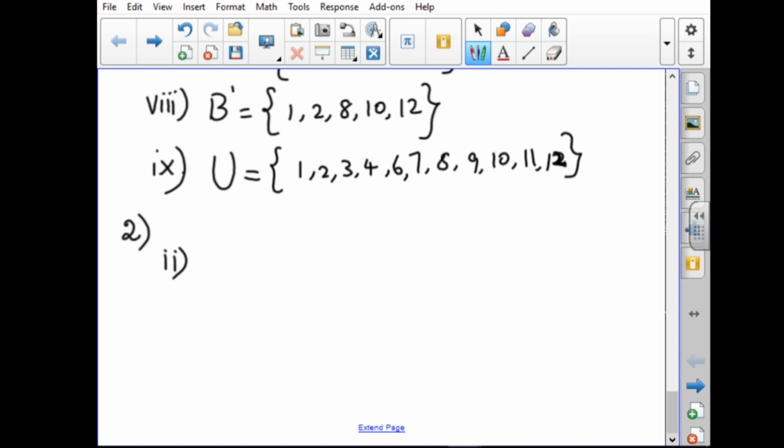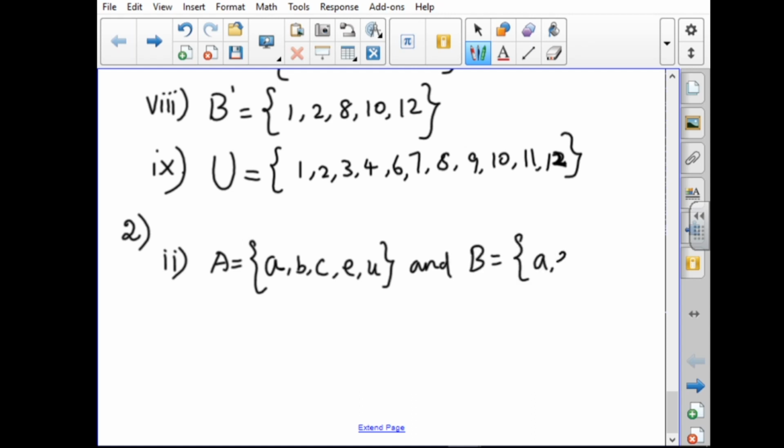So the second question is A is equal to {A, B, C, E, U}. This is the A set. And B is equal to {A, E, I, O, U}.